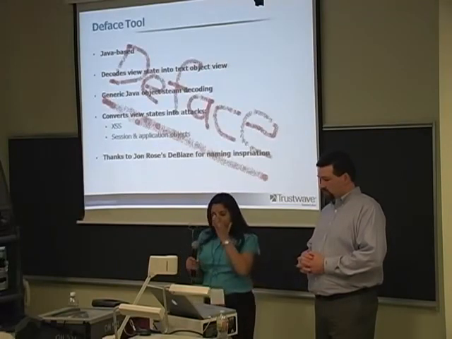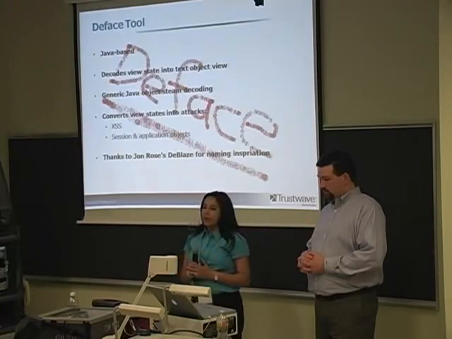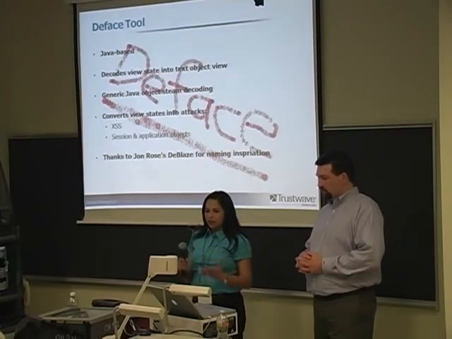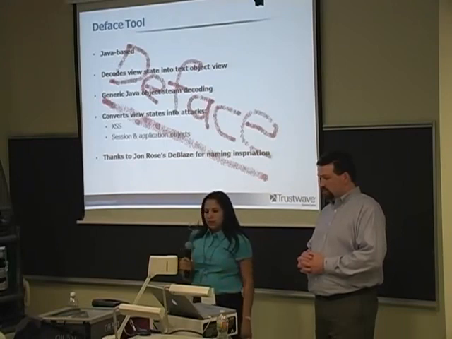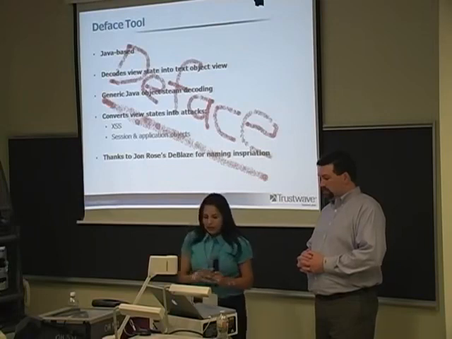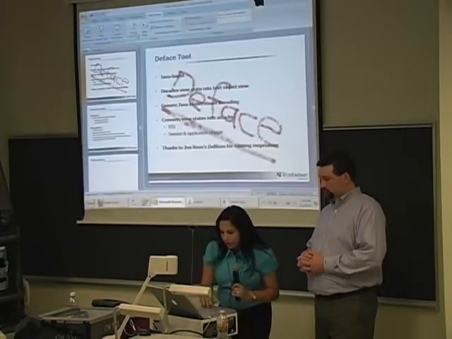So what we did was, when we first ran into this issue, like David said, we started creating a tool to aid in creating an attack against a Java Server Faces application. So we created a Java-based application, and let me pull it up for you right now.